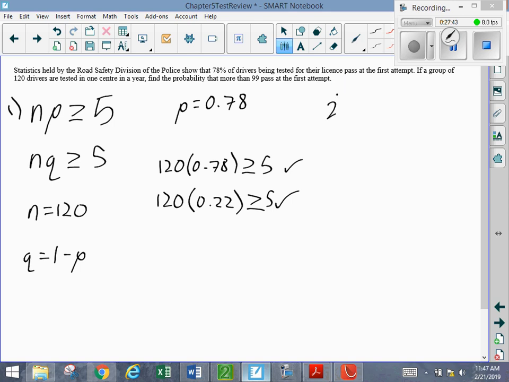Part 2, what's the mean and standard deviation? Well, the mean is the same as P, which is 0.78.